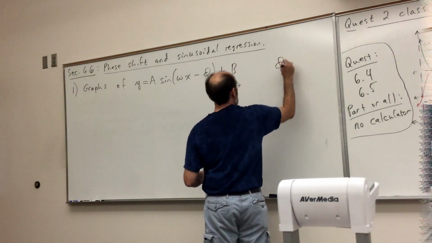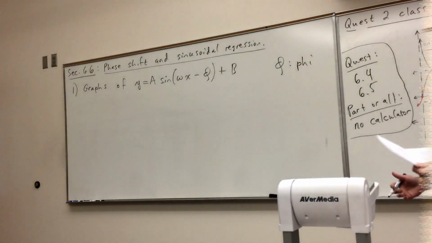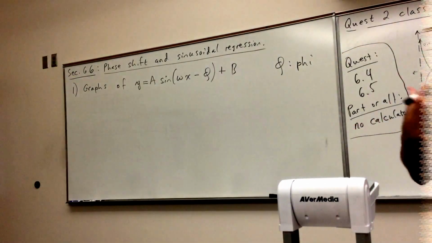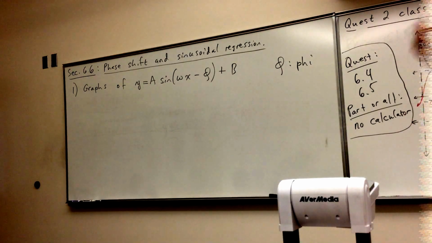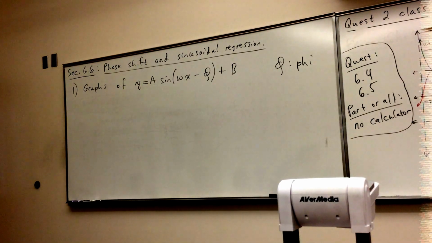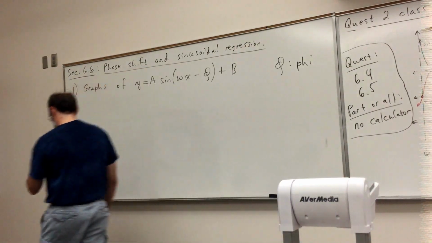So that's going to be related to what's called our phase shift or horizontal shift. For some reason, when you have sinusoidal functions, horizontal shifts are suddenly called phase shifts. I don't know why that is, but that's what they call them. It may have something to do with physics.